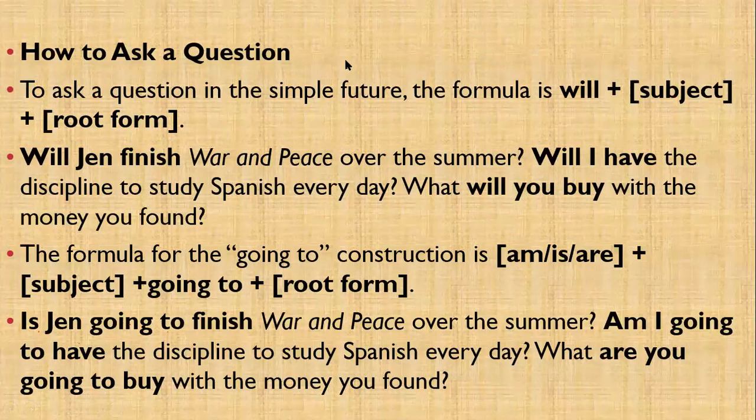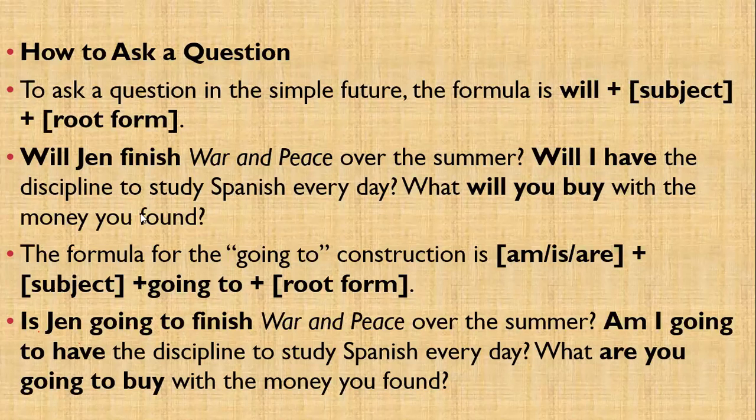Let's see, using the going to. The formula for the going to construction is verb to be plus the subject plus going to plus root form. For example, is Jen going to finish War and Peace over the summer?